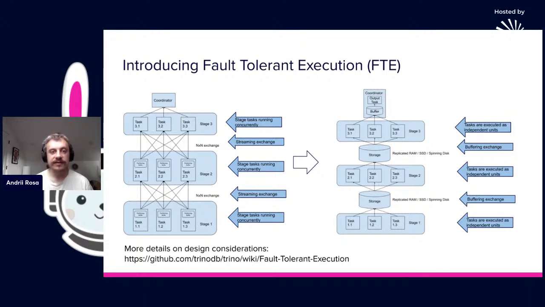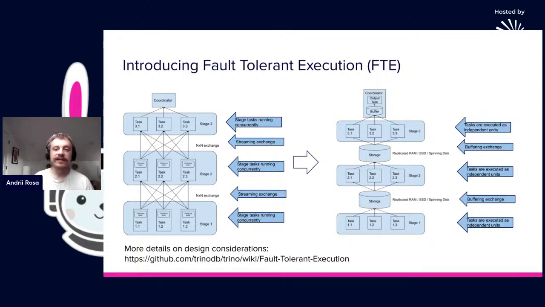The idea is to break down this streaming exchange limitation, and instead of having a streaming exchange, introduce a distributed buffer in between. Basically, tasks are not directly interconnected. Producing tasks will be writing into a buffer, and consuming tasks will be reading from a buffer.